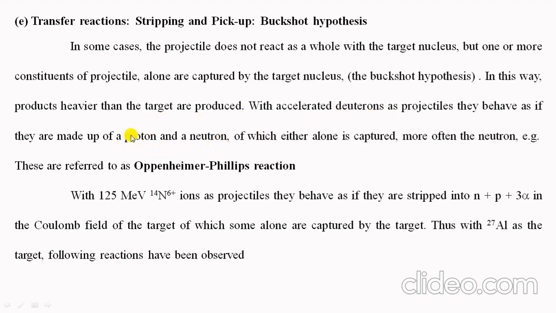It breaks into the proton and neutron, and either one alone is captured by the target nucleus, more often the neutron. These are referred to as Oppenheimer-Phillips reactions.